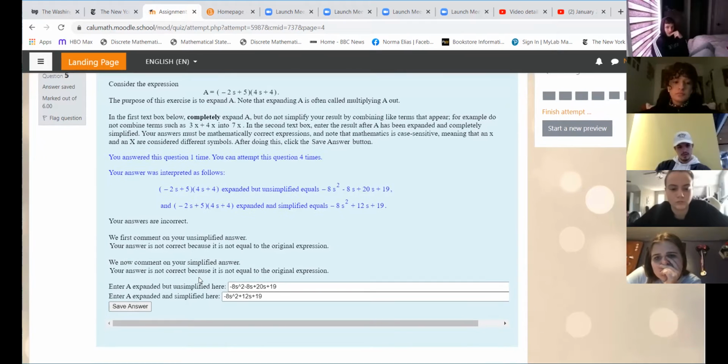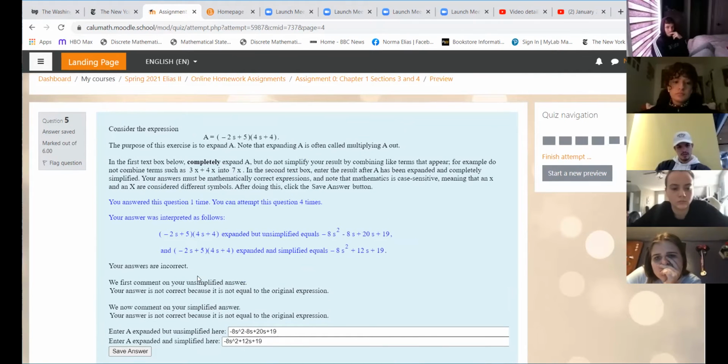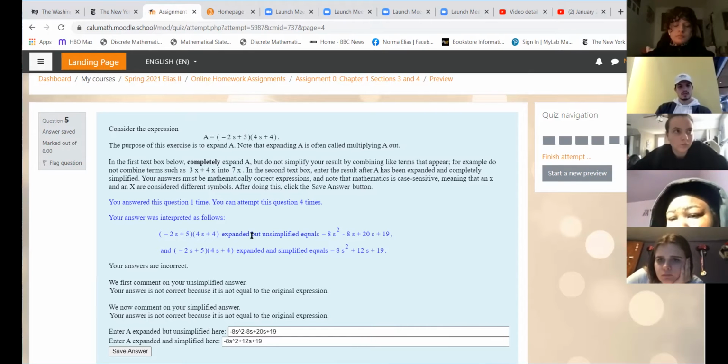Now, Moodle gives me feedback. It tells me your answers are incorrect. Your first comment on your unsimplified answer: this is not equal to the original one. So it's telling me that whatever I entered is not exactly equal to that. And of course, it's telling me that the simplified one is not equal to the original one.